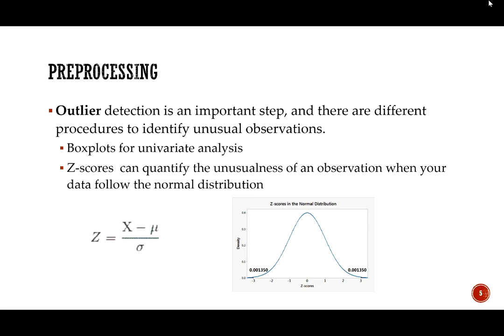Or we can use z-score technique, which quantifies the unusualness of an observation when your data follow the normal distribution. As you can see here, first we standardize data points. We subtract mu from each data point and divide it by the standard deviation in our data set.